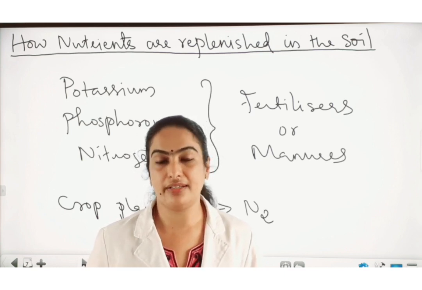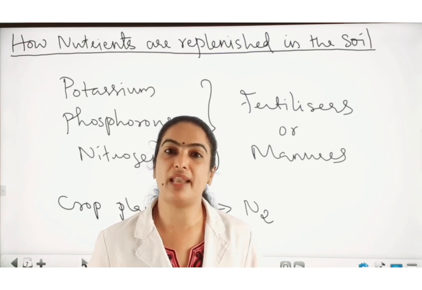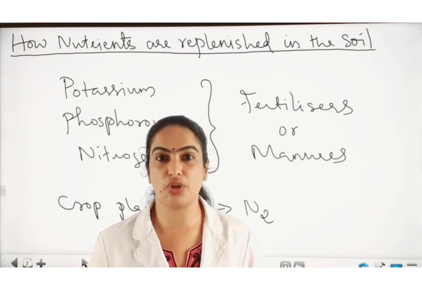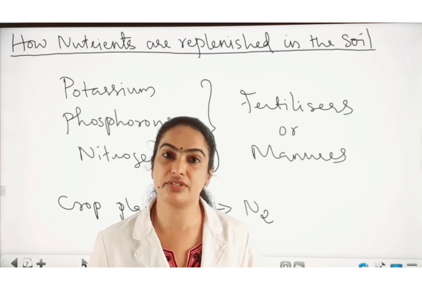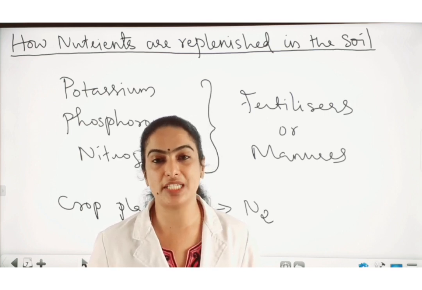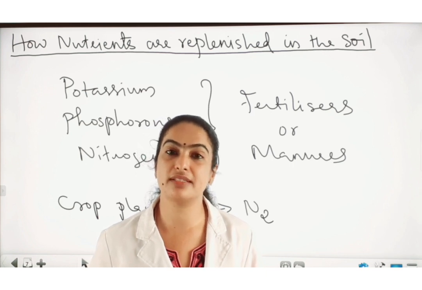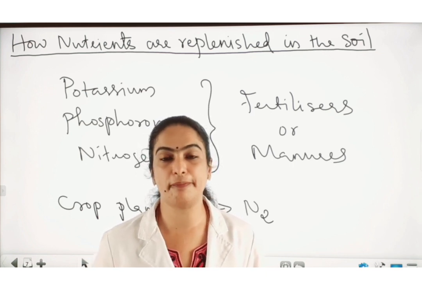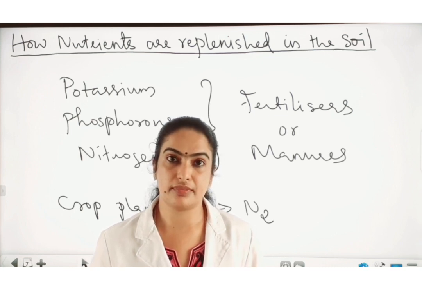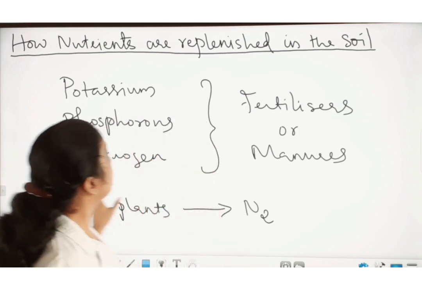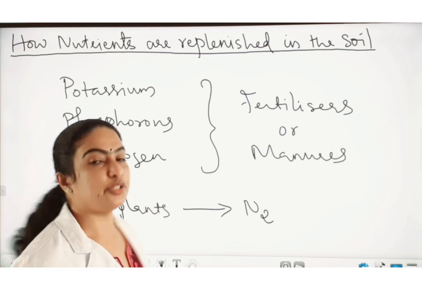So the leguminous plant can enrich the soil with the nutrients. Actually, who enrich the soil with the nitrogen? Rhizobium in the leguminous plants. The roots of leguminous plants consist of rhizobium that can enrich the soil with the nitrogen. So this is the way to replenish the soil with the nutrients.